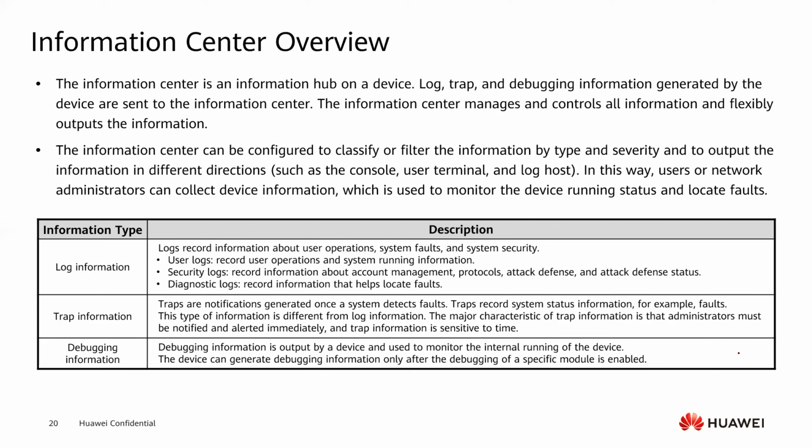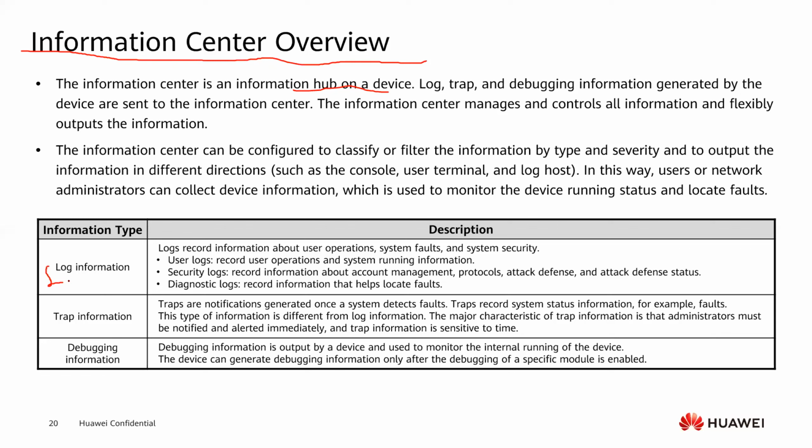When you configure the device, you may find that some information is provided by the device itself. For example, if an interface goes up, it will print a line on the screen. This is the function of the information center. The information center is an information hub on our device. We have three types.